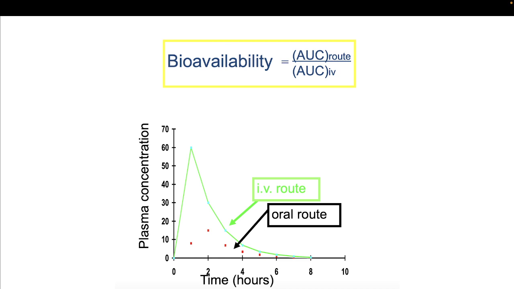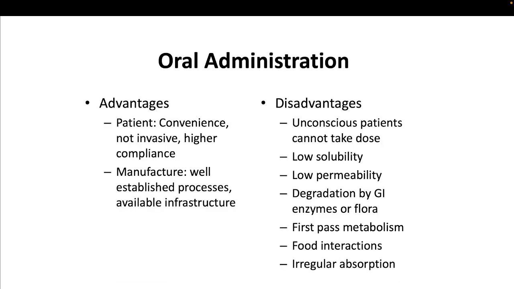Whenever you give drugs through the oral route, as you might have seen in this particular slide, most of it will be cleared out by first pass metabolism. But whenever the drug reaches the GI tract, that is the stomach and intestines, because of the acidic pH, there are high chances that your drug will get degraded there.